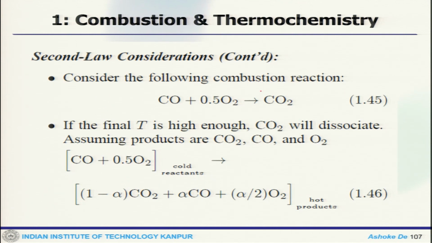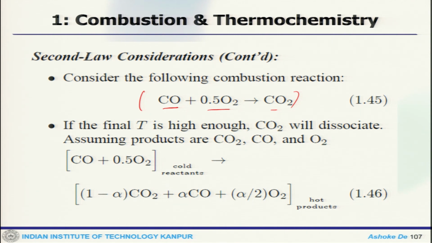For example, consider the following reaction where CO is burned with oxygen to form CO2. If the temperature is high enough, the CO2 will dissociate and you get to see the reverse reaction. So, this particular reaction is not only a one way reaction, it could be a reversible reaction also.